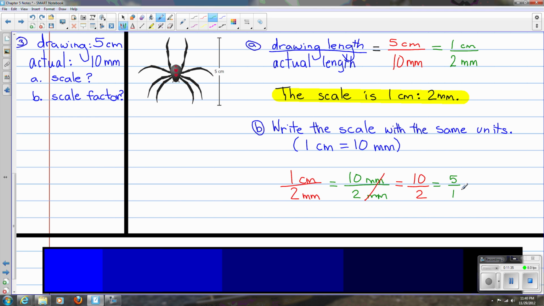So that means that the scale factor is actually 5 to 1. And I'm going to highlight that.